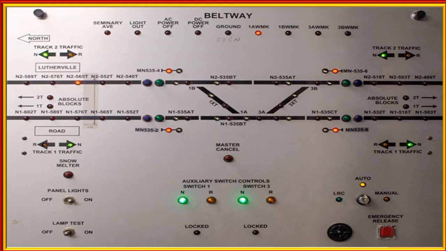Well, it should, because the time locking test is actually tested during the approach locking test. But the time locking test basically means if a train's traveling down track 1 southbound and it hits the N1 552T track circuit and the N1 535AT track circuit, the signal goes red. And if you try to cancel the signal, it'll take 90 seconds before the signal can be canceled.